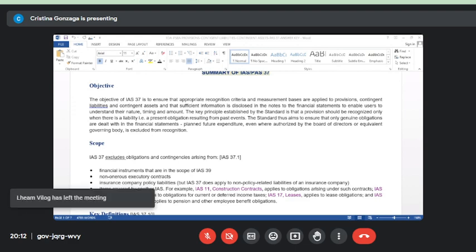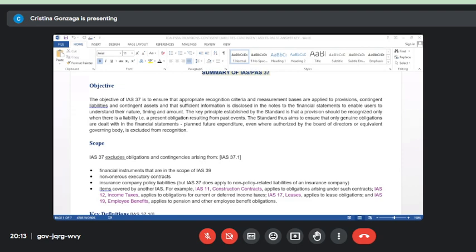It doesn't necessarily follow na contractual, it's always legal. It can be a constructive obligation as a result of past event. Anong ibig sabihin nun? Kapag sinabi nating legal, the obligation arises from a contract. Legal or contractual. 'Di ba?